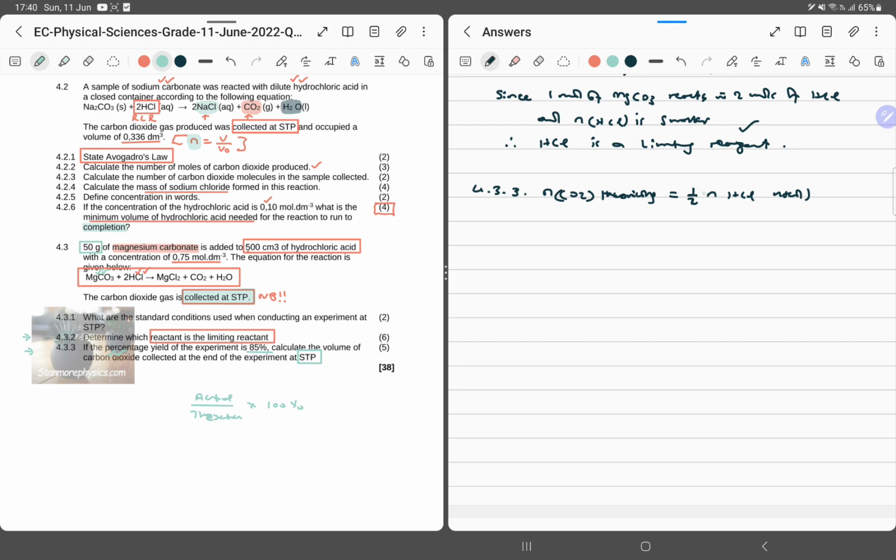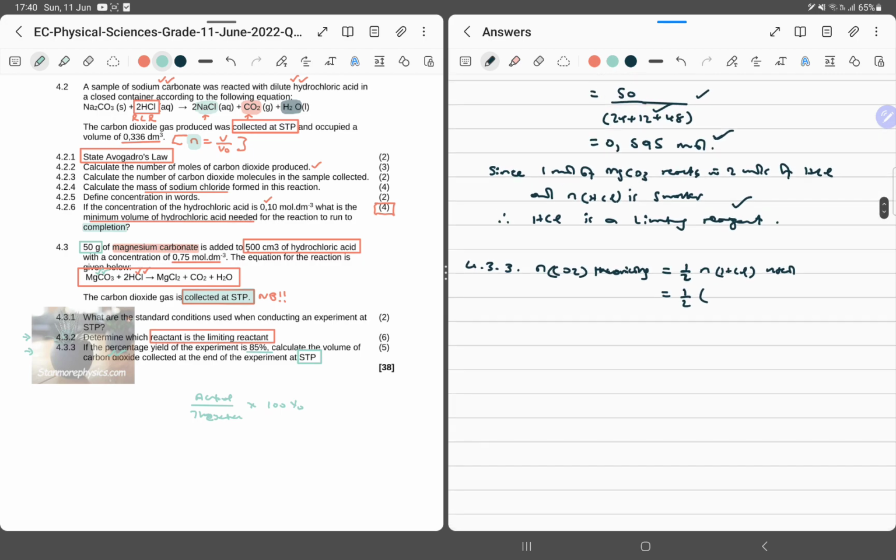Because you always want the limiting reagent, because that's the one that gives you an idea. When it goes out of the picture, then everything has stopped. So this is going to be half of, now we calculated, did we?